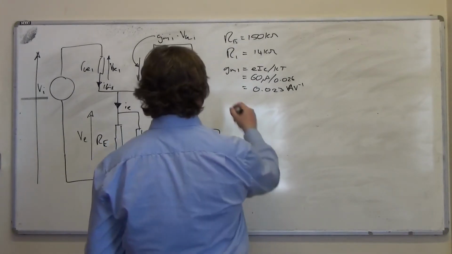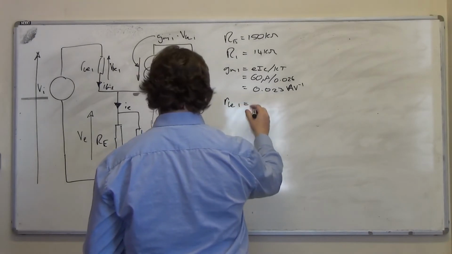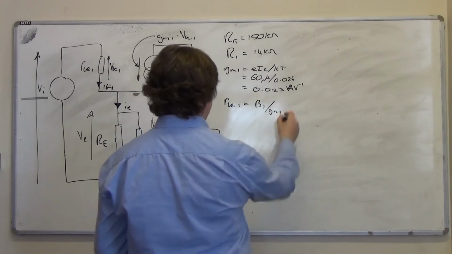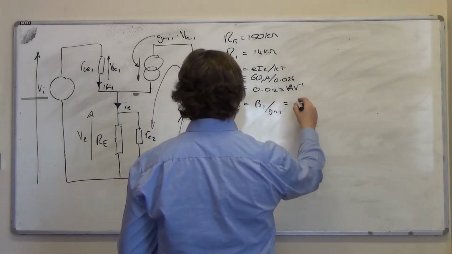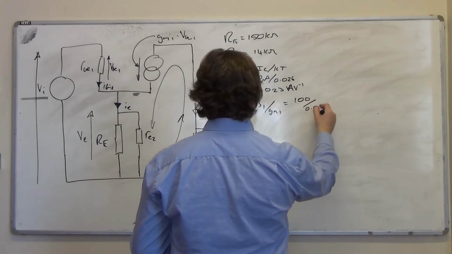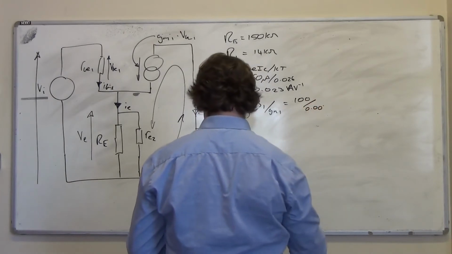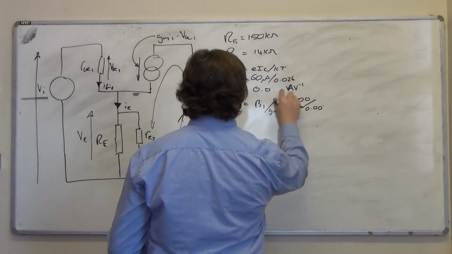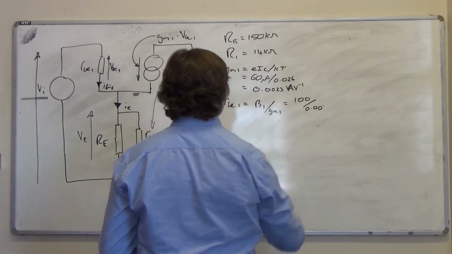Similarly, RBE1 is equal to beta 1 over GM1. We'll be taking beta 1 as 100, so that will be 100 divided by 0.0023.